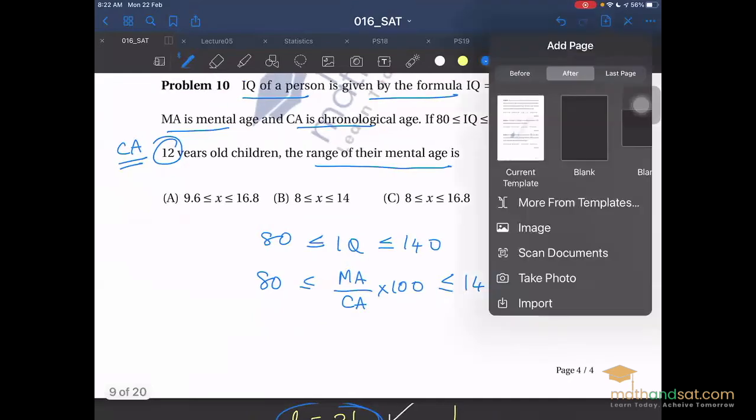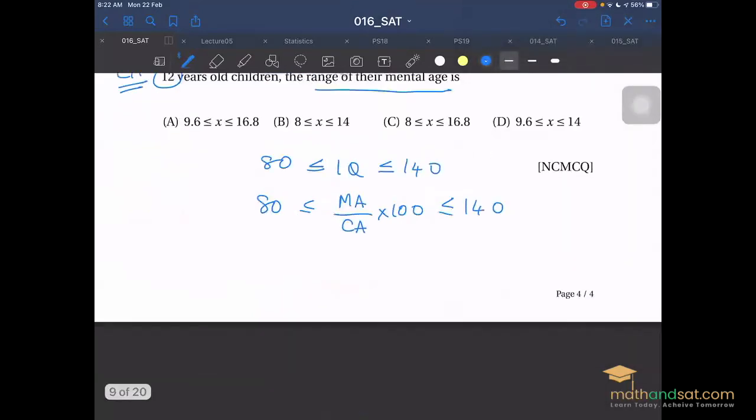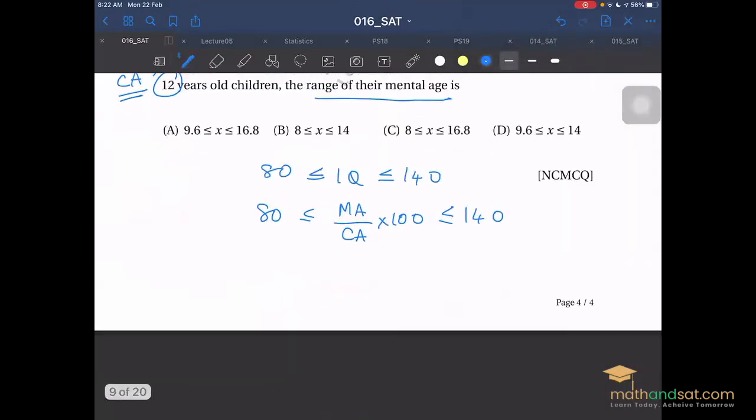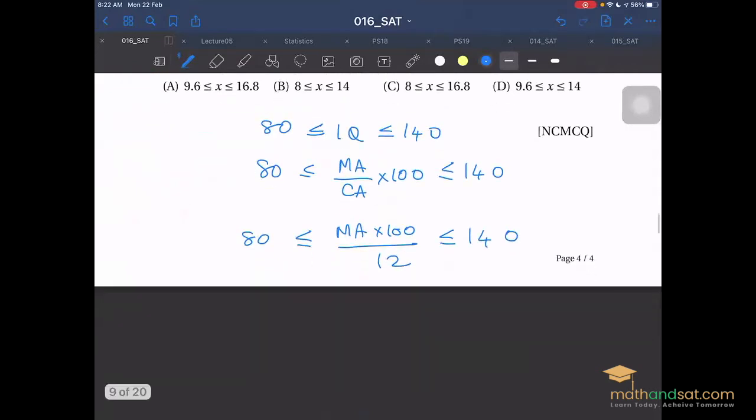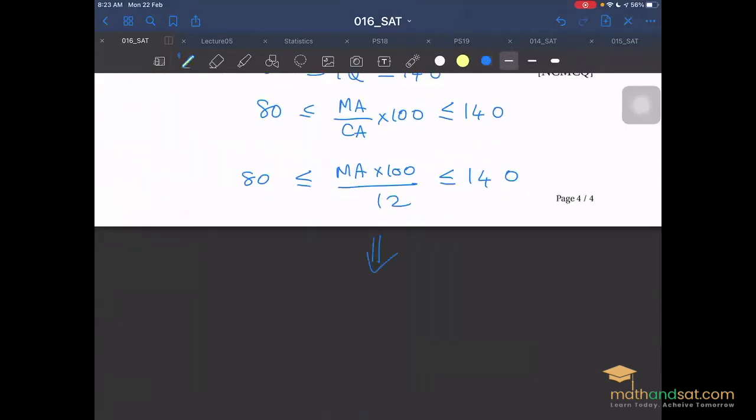You just substitute CA as 12 here. So we have MA into 100 by 12 is between 80 and 140. I'm going to do this in a single step. What will I do? I will get rid of this 100 over 12 by multiplying the entire inequality with 12 over 100.